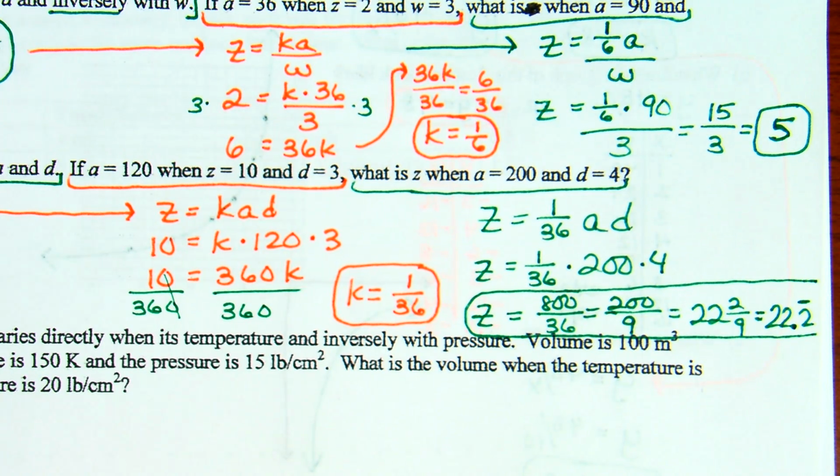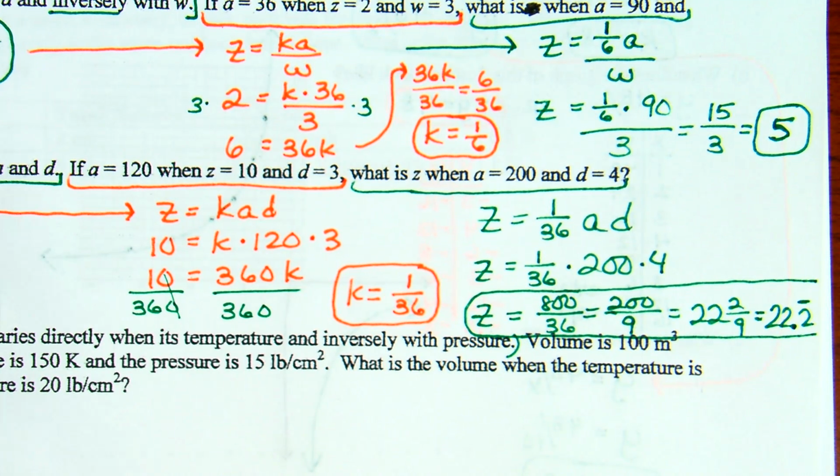Okay. The volume of gas varies directly, and as I said, that should say with. At least it makes more sense to say with. So varies directly. What's directly mean we're going to do? That means it's going to have to be K times something. Directly with what?